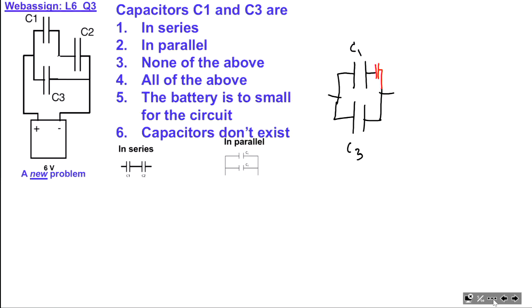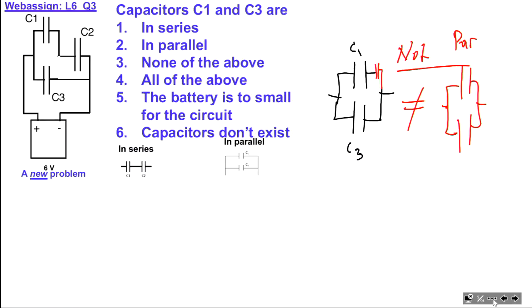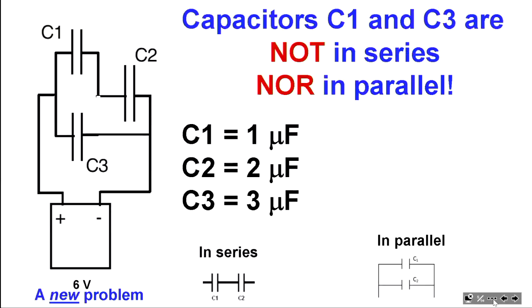And that's it. This is not the same as this. You can see. So this would have been parallel. This is not. And of course, it's not in series. So the answer is, again, neither.